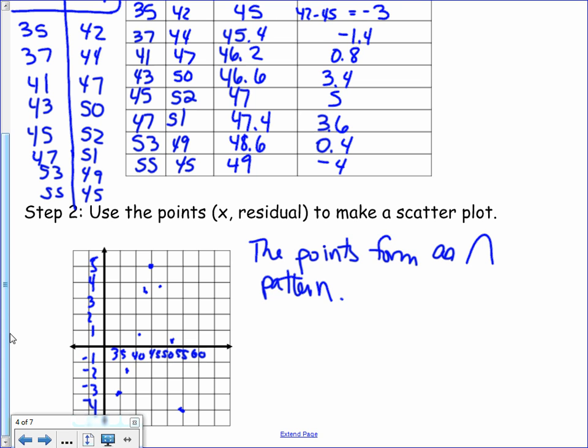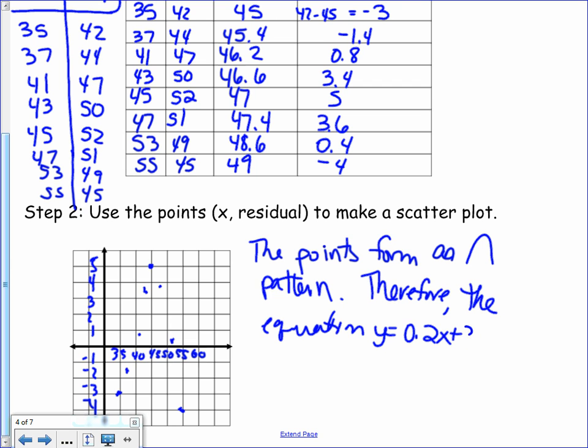Therefore, the equation y equals 0.2x plus 38 does not model the data well. So it's not a very good line of fit.